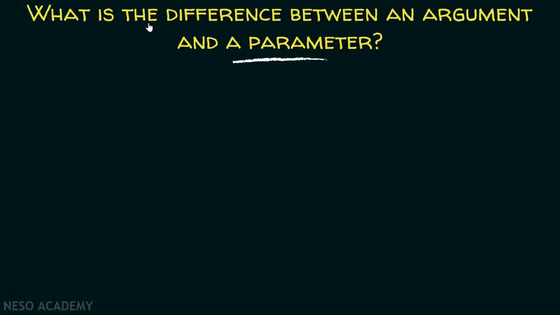Now let's try to understand what is the difference between an argument and a parameter. We are using these terms interchangeably in our code, and I will use these terms later. Therefore, it is important to understand the difference between an argument and a parameter. Let's see what they are.